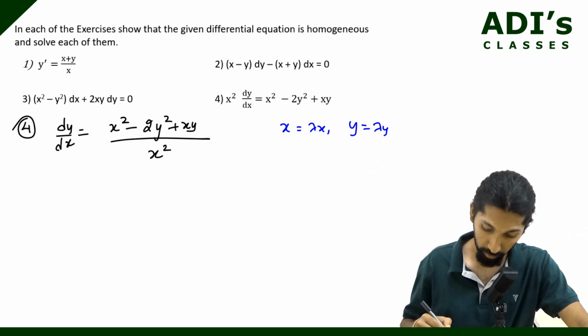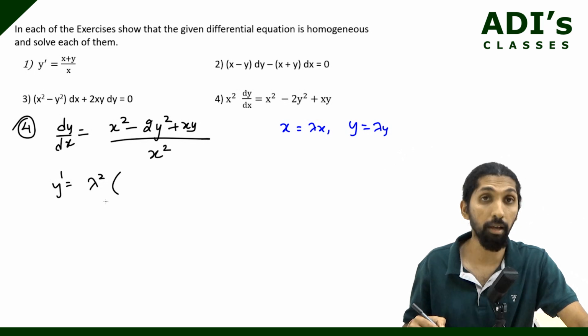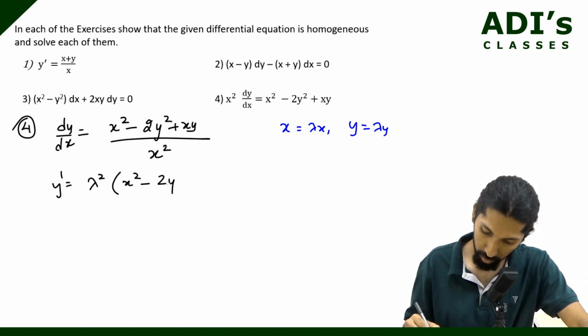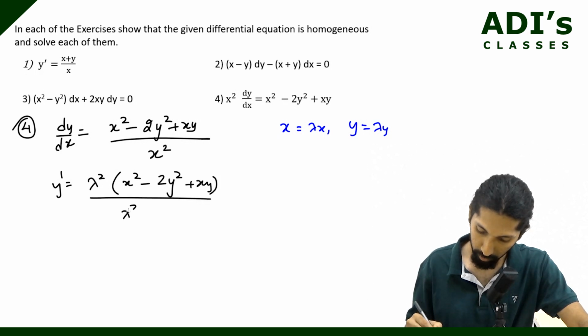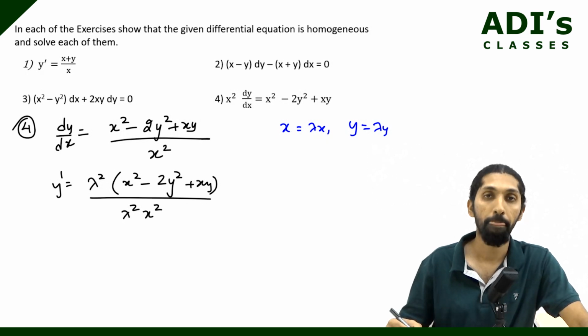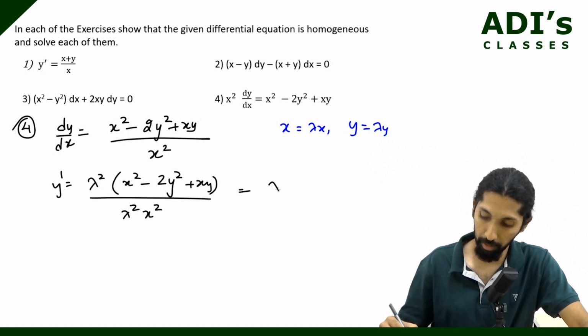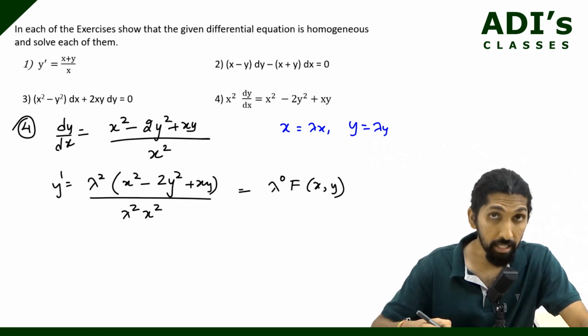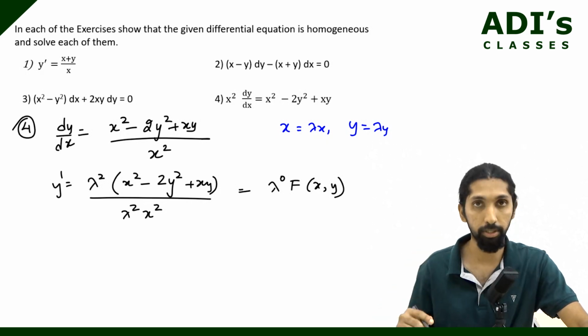So if you substitute that, y dash is equal to, you can take lambda square common everywhere. x square minus 2y square plus xy by lambda square into x square. So this is nothing but lambda power 0 f of x comma y. So it is a homogeneous differential equation.